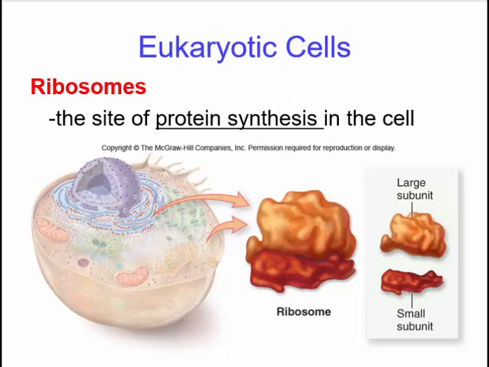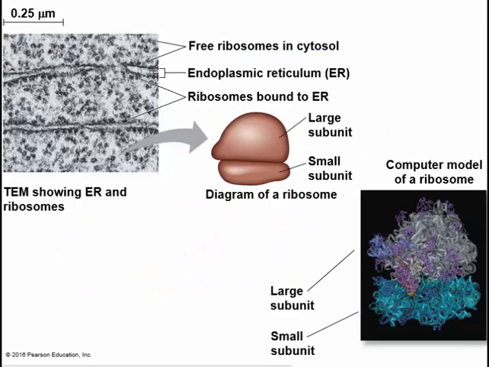So ribosomes are these pretty small little protein factories in our cells. They're made out of 2 components, the small and large subunit. We'll see this in more detail when we get into gene expression. And they're found either free within the cytosol of the cell or attached to the rough endoplasmic reticulum, which we'll talk about shortly.